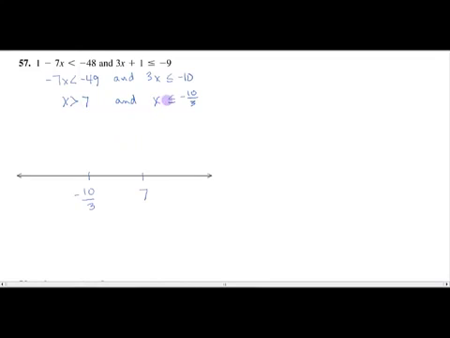And 8 is less than or equal to negative 10/3 is false. So I have a true and a false. I have to have both true in order to shade that interval. There are no numbers here that I can shade. So the answer here is simply no solution. In other words, there are no numbers on the real number line that are bigger than 7 and smaller than negative 10/3 at the same time.